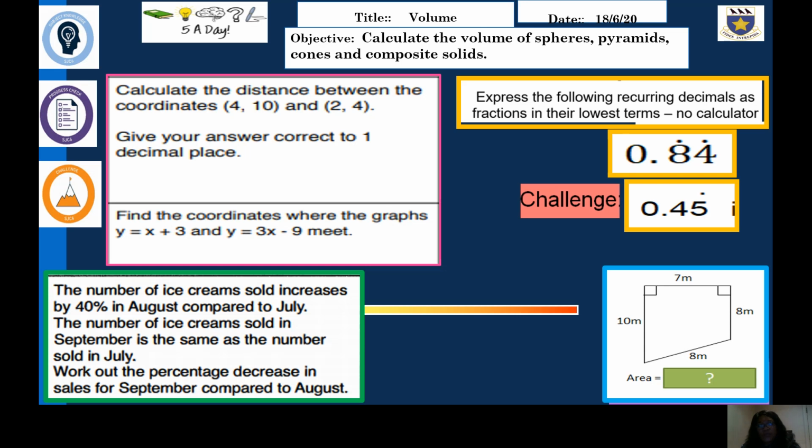So the first thing I would like you to do with these questions on the slide, which are based on 5 skills that I want you to try to remember. These are things you would have done last term, previous term, or even last year.